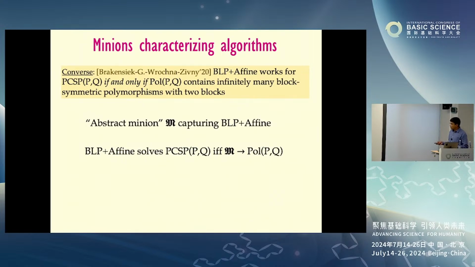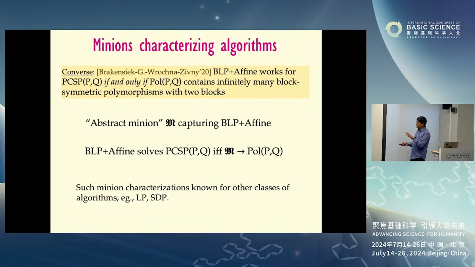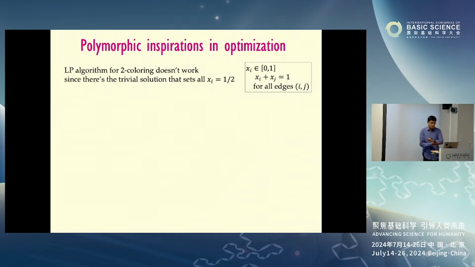So we can say the algorithm solves the problem if and only if it has a polymorphism smaller than this. Of which understanding of the power of specific class algorithms like linear programming or linear programming and equations. Okay, and limitations.